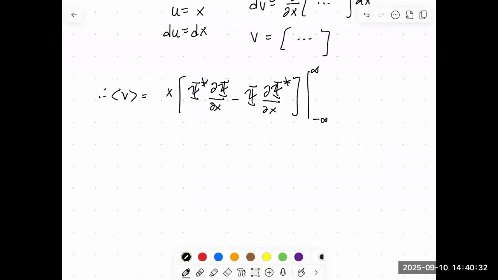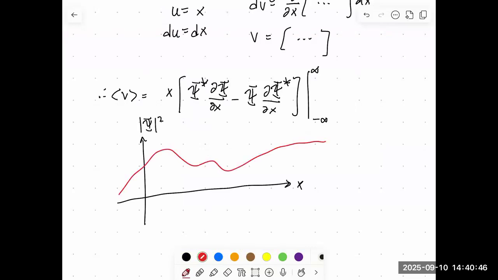Why does that have to be the case? Because if I drew some wave function squared as a function of position, if I made it like some arbitrary thing where it doesn't go to 0, then I can't possibly satisfy normalization, which requires that the area under our function equal 1. How could the area be equal to 1 if our wave function is not vanishing at plus minus infinity?